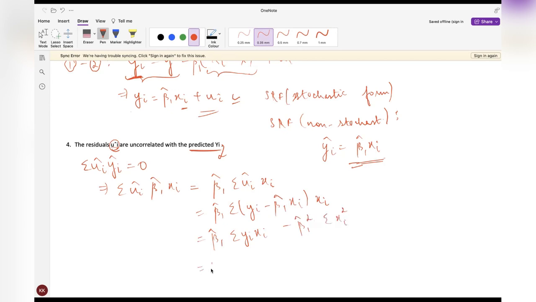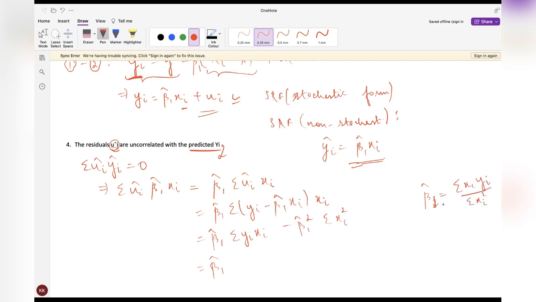Now, another very important thing that we will be using here is that our beta 1 hat is actually equal to summation of xi yi upon summation of xi square.